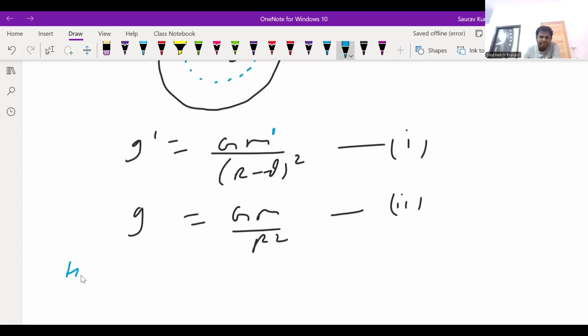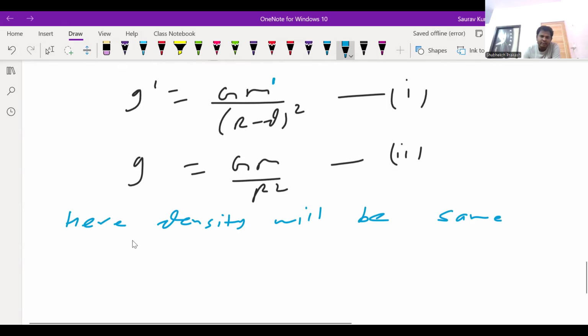Here the density will be the same. Density is equal to mass by volume, and the volume of a sphere is 4 by 3 pi R cube.